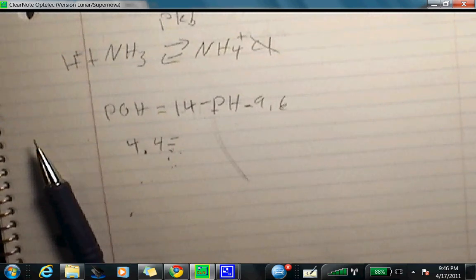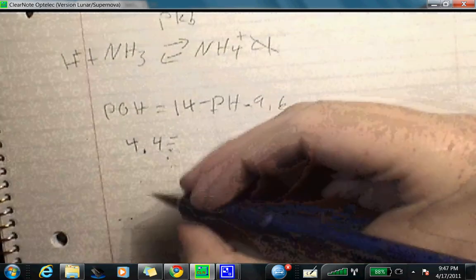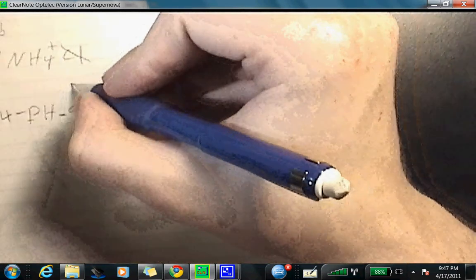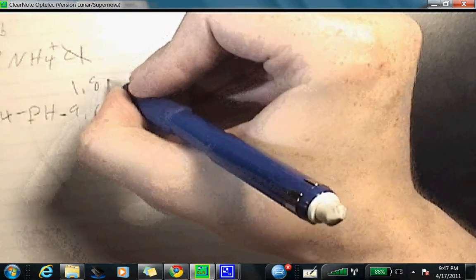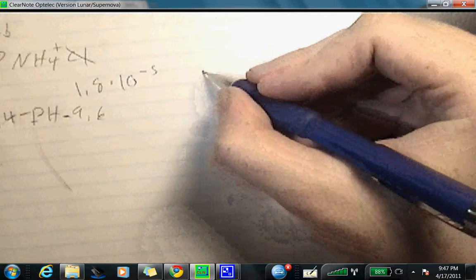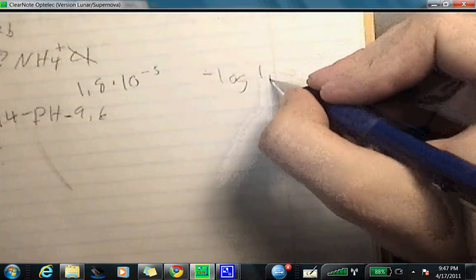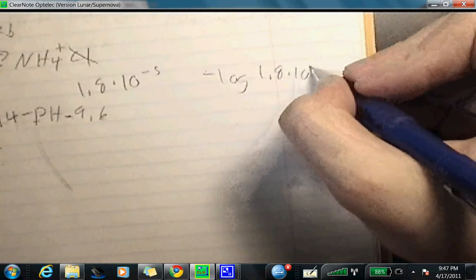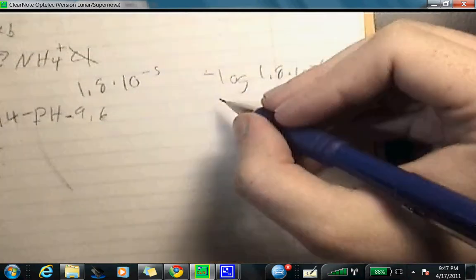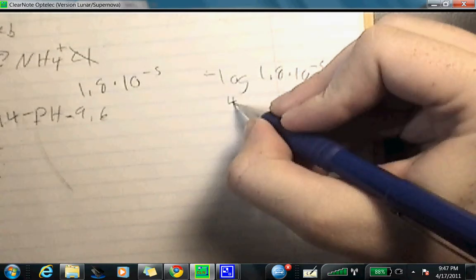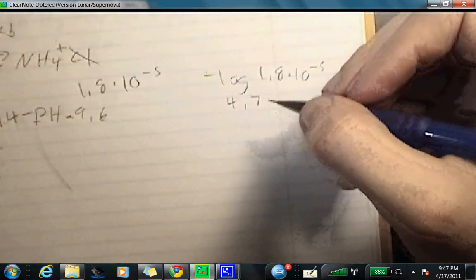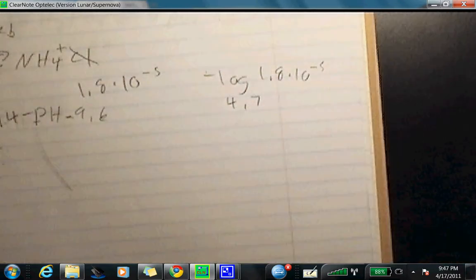And then when we convert, now we have our Kb, which is 1.8 times 10 to the negative fifth. We're going to take the negative log of that to get our pKb, and that's going to be 4.7 approximately.